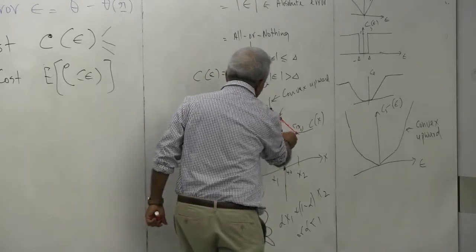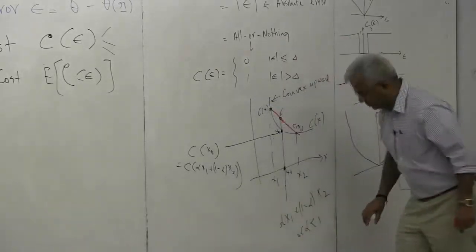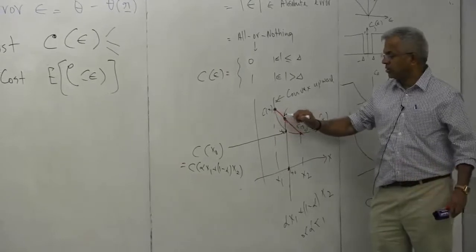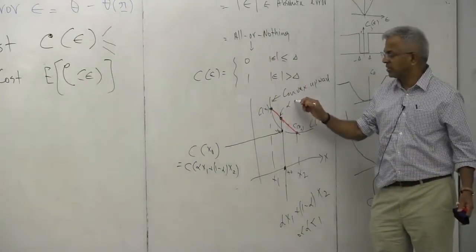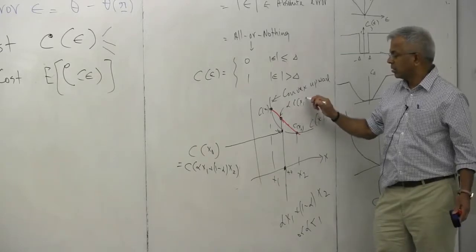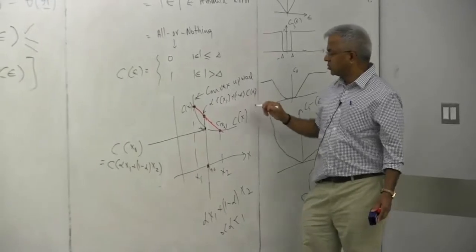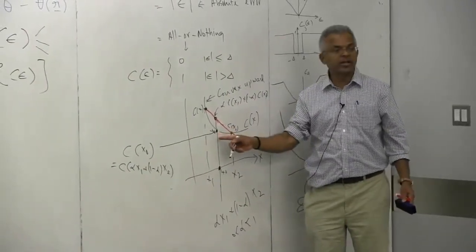So that value is that quantity. And what about this value? This value is the same linear combination between c of x1 and c of x2, so this is alpha c of x1 plus 1 minus alpha c of x2. So now you can see if the curve is convex, this linear combination is greater than or equal to this.